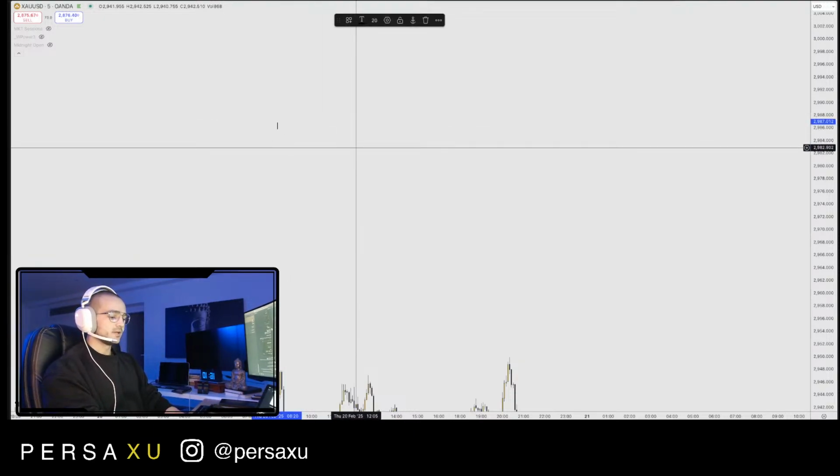For the A shape manipulation, I'm going to look for them during downtrends or before a bearish day or move.